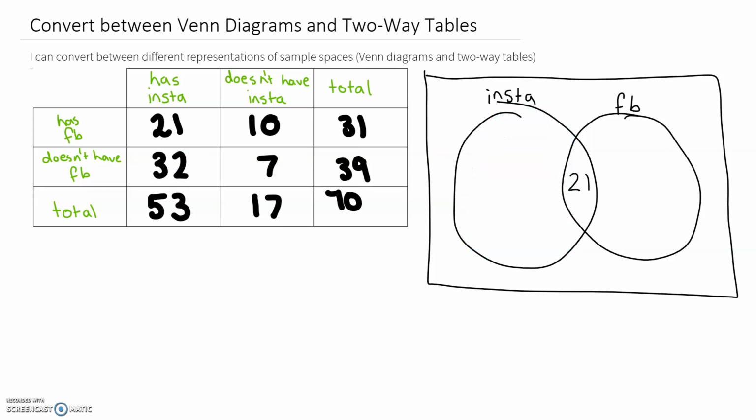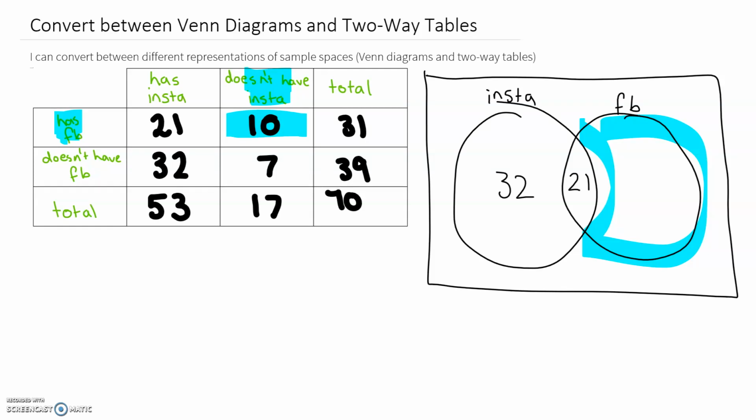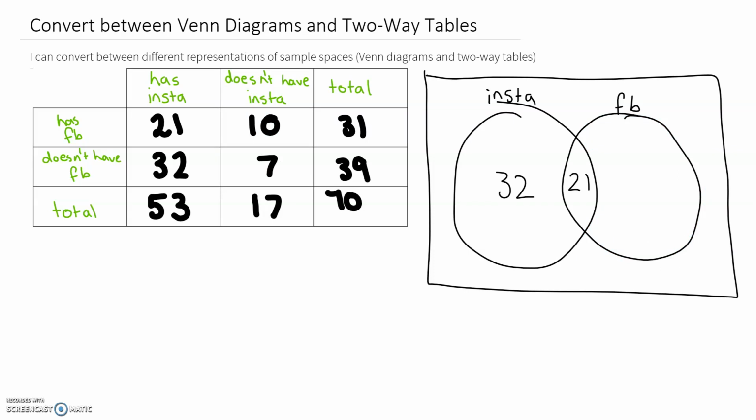So we're going to put a 32 in that section. Next part, this part over here, and it's kind of the same but opposite. So this is people who have Facebook but don't have Instagram. That's this one here. So we're going to write a 10 in that section of the Venn diagram.